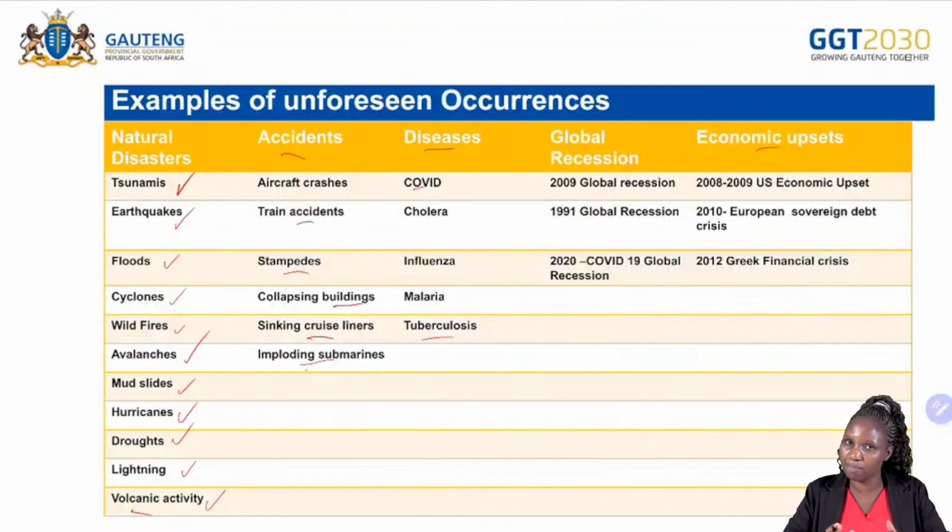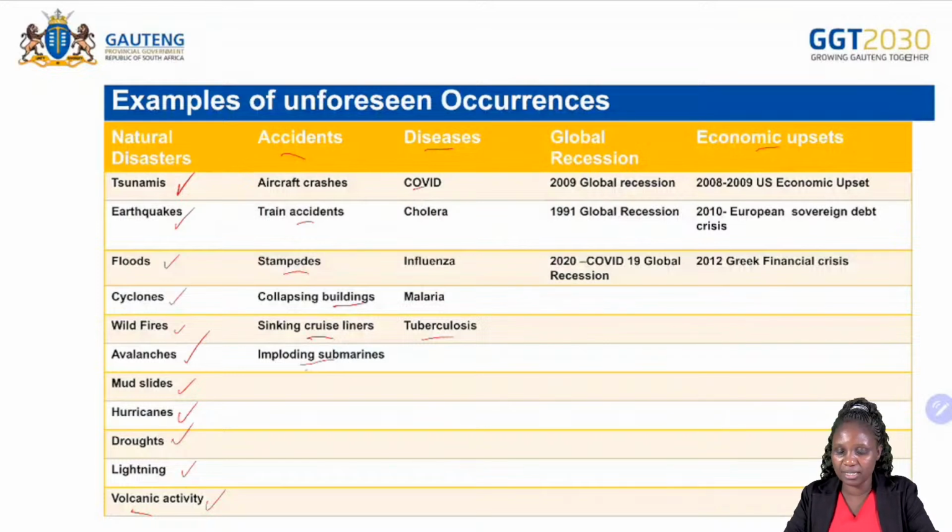Tuberculosis is curable if it is detected very fast. You take medication, then you don't spread it to other people. Okay, it is also an unforeseen occurrence. And then global recession. When we are looking at global recession, let's look at 2009.